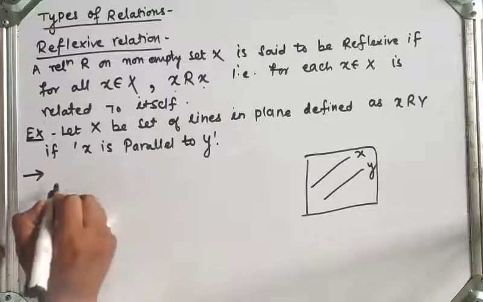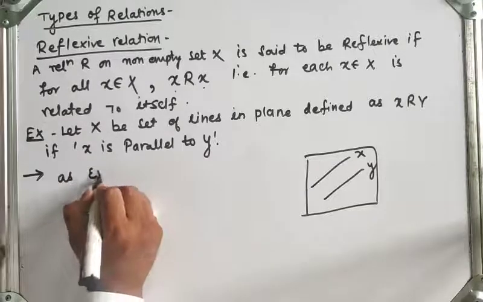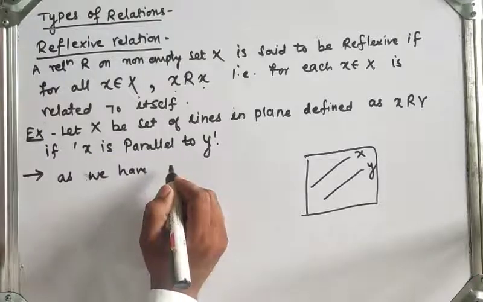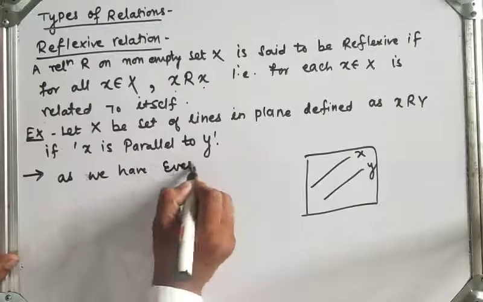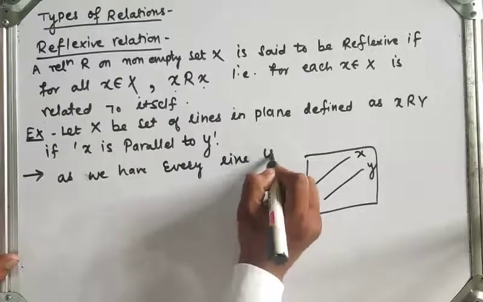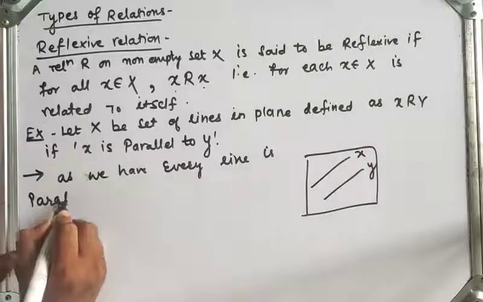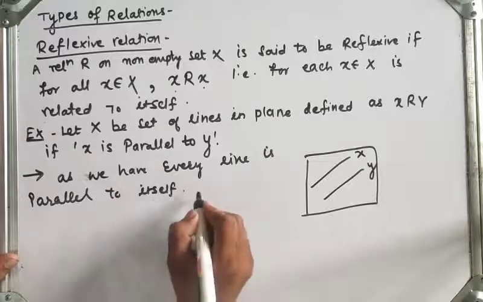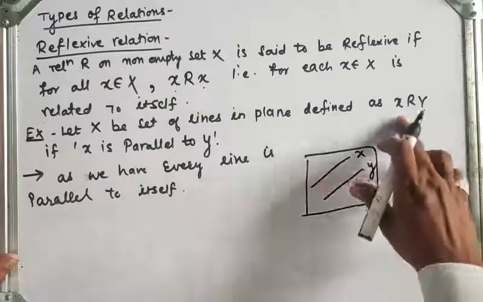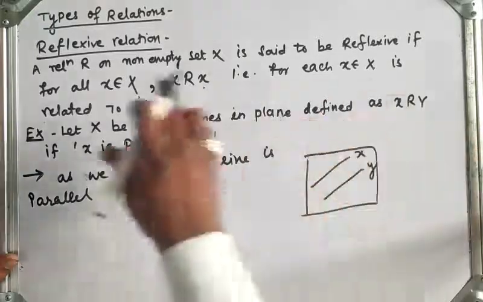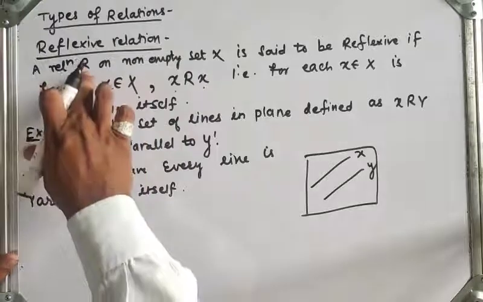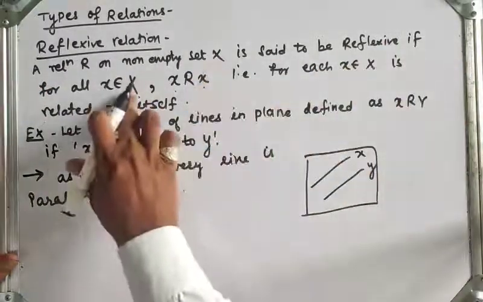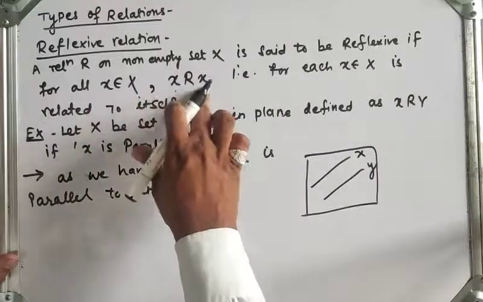As we know, every line is parallel to itself. So here we have given x related to y, but what is the definition of a reflexive relation? A relation R on a non-empty set X is said to be reflexive if for all x belongs to X, x is always related to x.